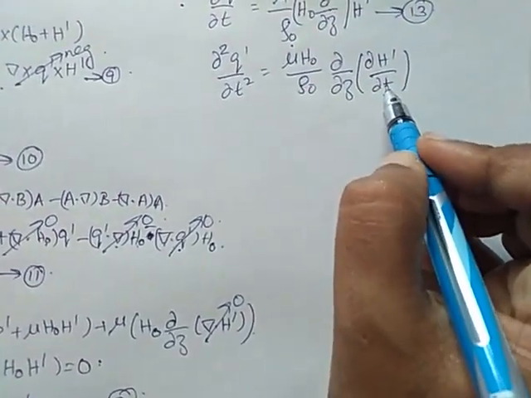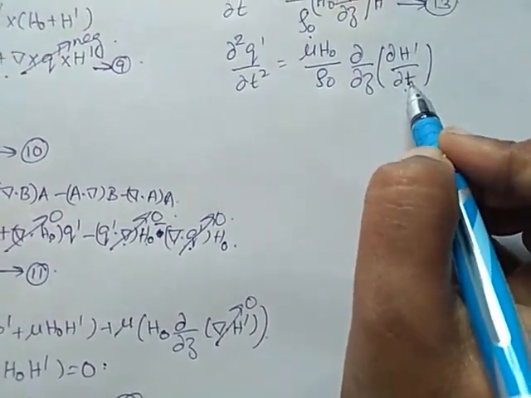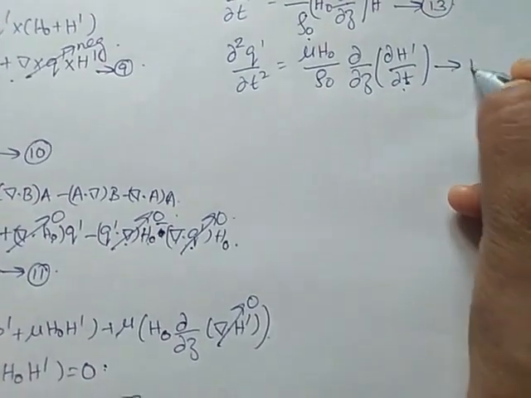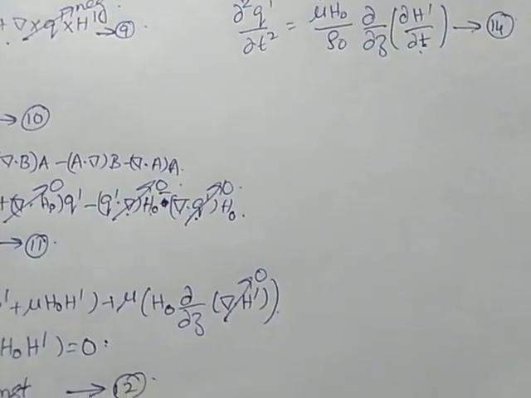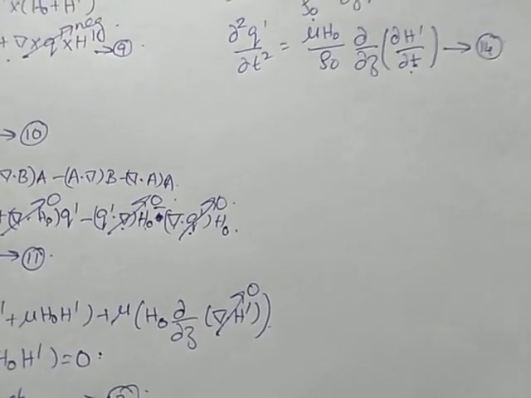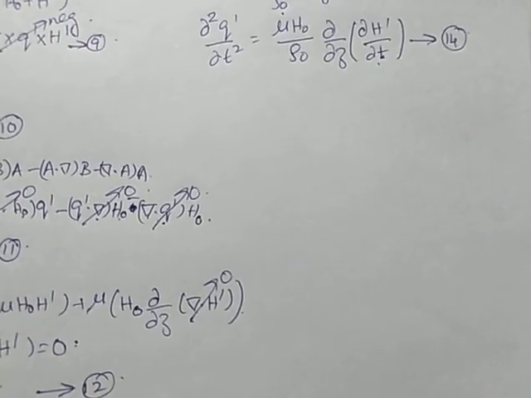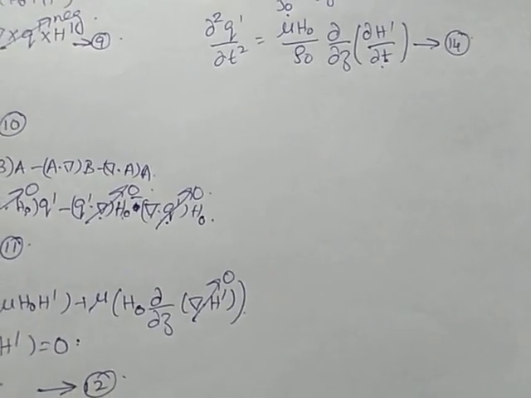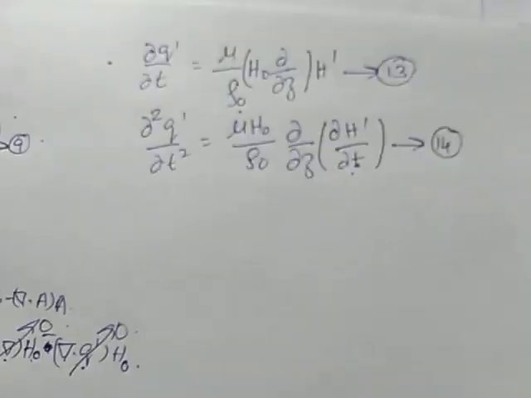Whether we differentiate with respect to t first or z first, we will get the same answer. So I'll take this equation as 14. Now we got the value of dou square q dash by dou t square as mu h naught by rho naught into dou by dou z of dou h dash by dou t.